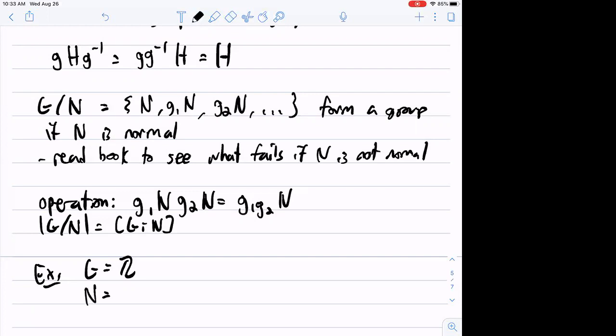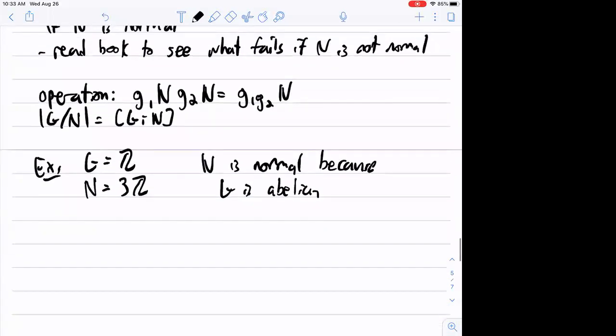N is for normal, so when you write N, group theorists tend to think immediately that it's a normal subgroup. In this case, N is normal because G is abelian. Integers are abelian, like 1 plus 2 is 2 plus 1. And then G mod N is exactly what you think: remainders mod 3.